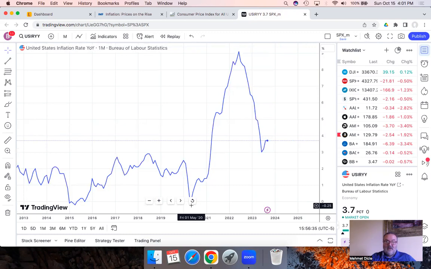And that is June of 2022, right? So we went from 0% all the way to 9%. From that point on, the Fed started to deal with this high inflation by increasing interest rates. And their intervention has worked, and we are now down to about the 3 to 4% range for inflation.